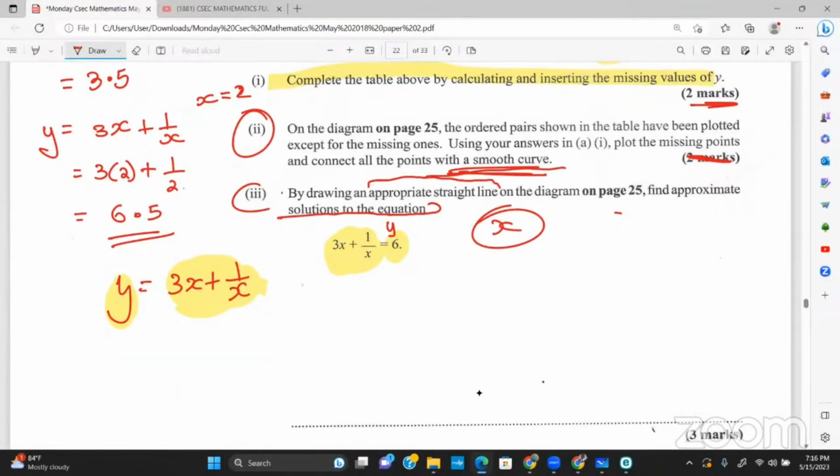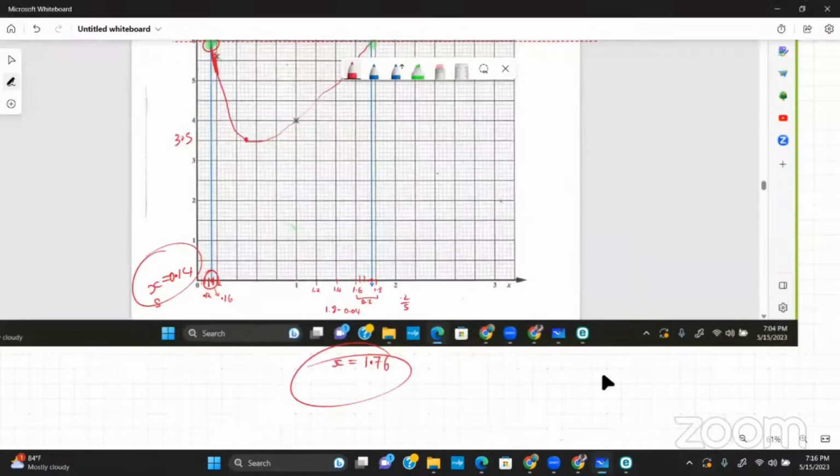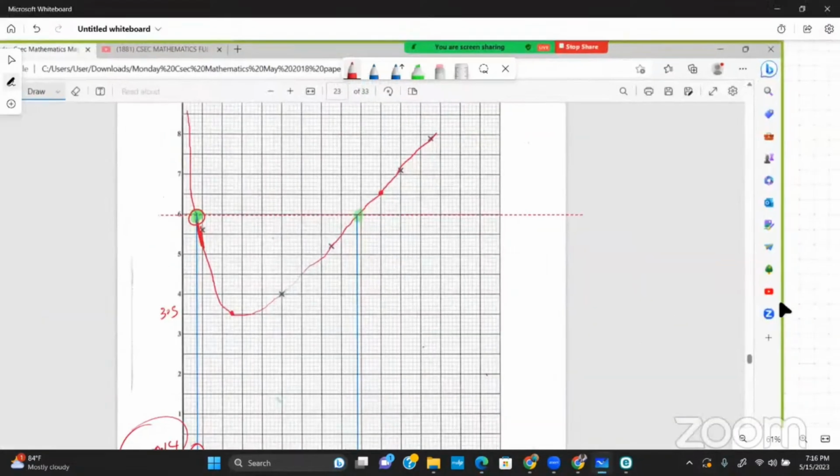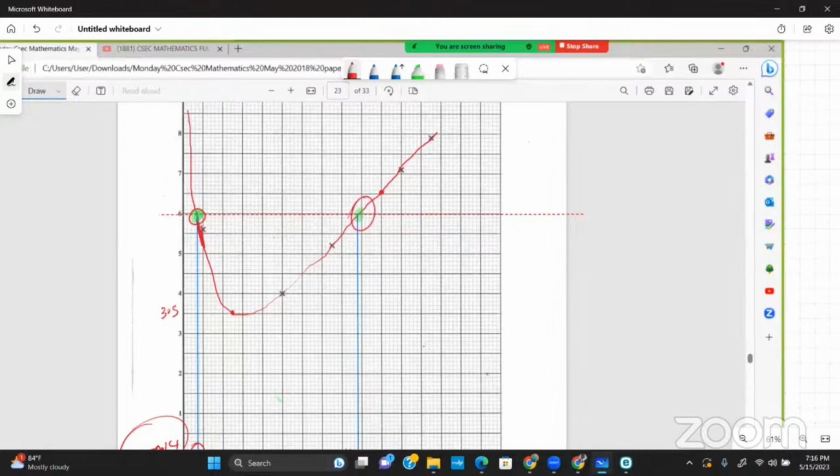So our solutions are x equals 0.14 and x equals 1.76. Those are the two solutions I got based on my diagram. Here they are. Take them down, and then interpret.